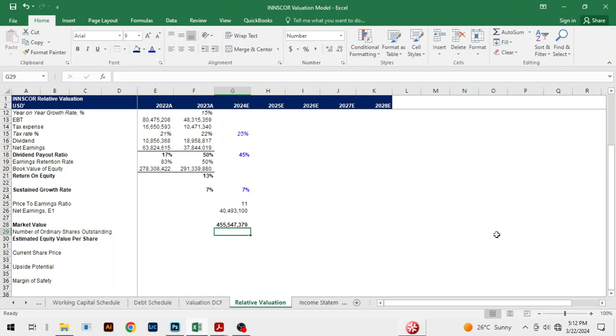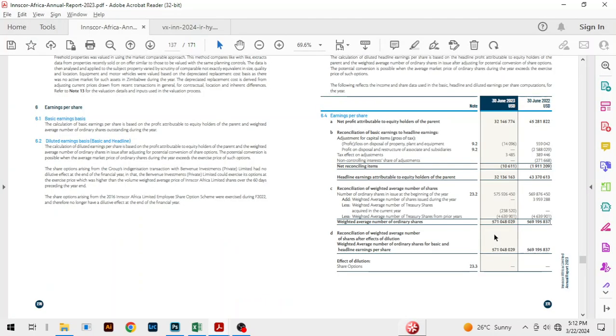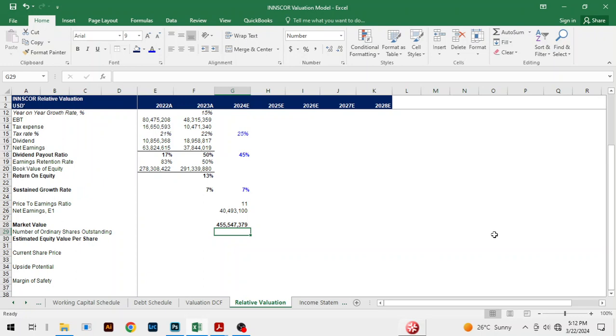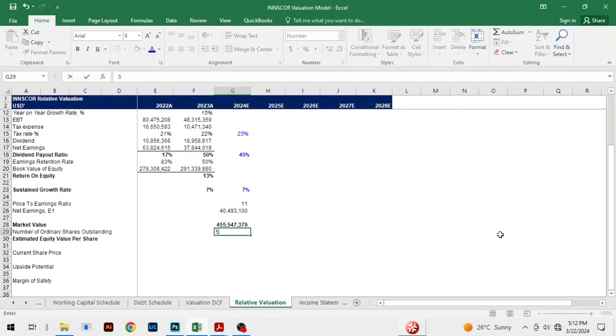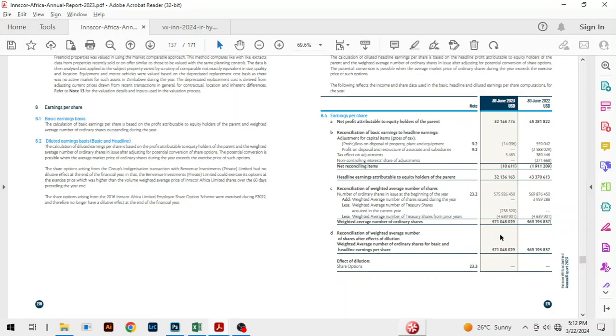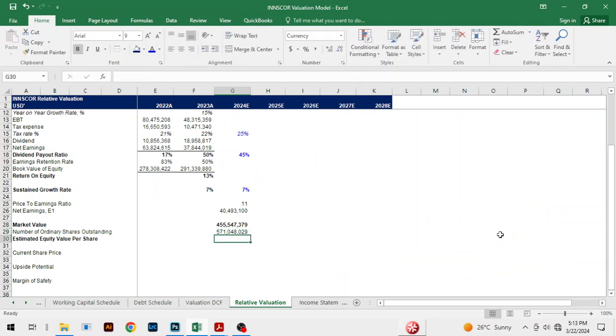So we are going to take the one for January 2023, because that's the most recent one. We anticipate that it's going also to be the same in 2024. So 571,048,029.